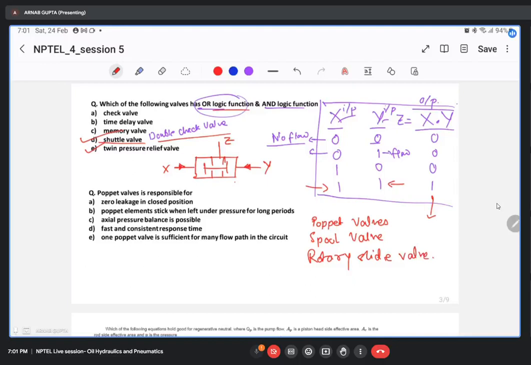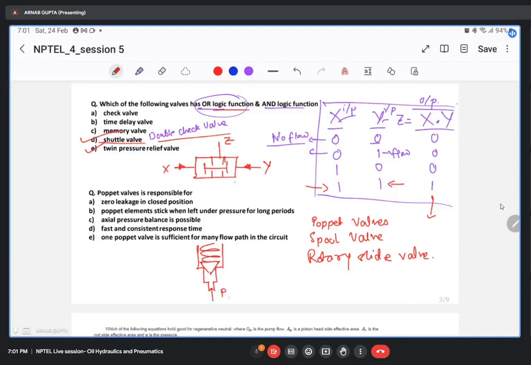In a poppet valve, you basically have a poppet. Generally it's conical in shape and it sits on a rest. This is a simplified design that I am showing. The flow is coming from this direction.